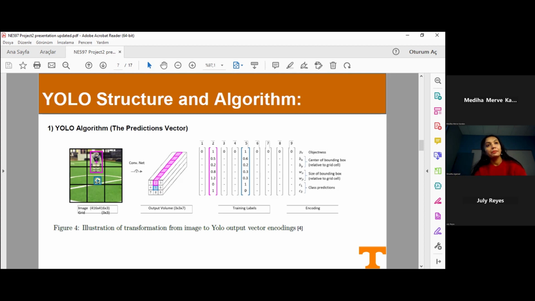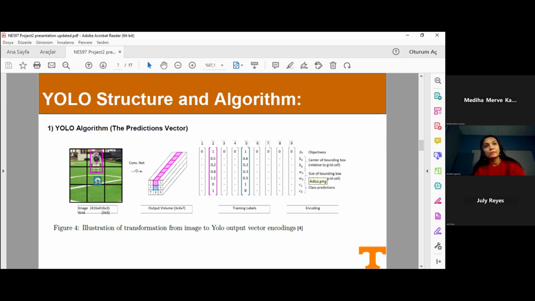Okay. Firstly, it divides into grid cells, and based on the center pixel of the box, it defines an output vector. These are kernels, and we use PC. I mentioned PC can be interpreted as objectness, the probability of whether there is an object in the box or not.